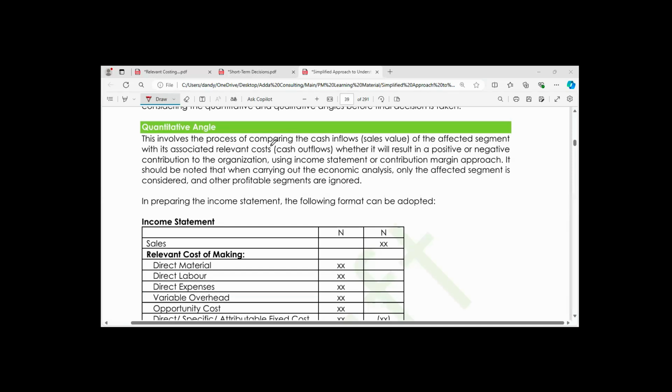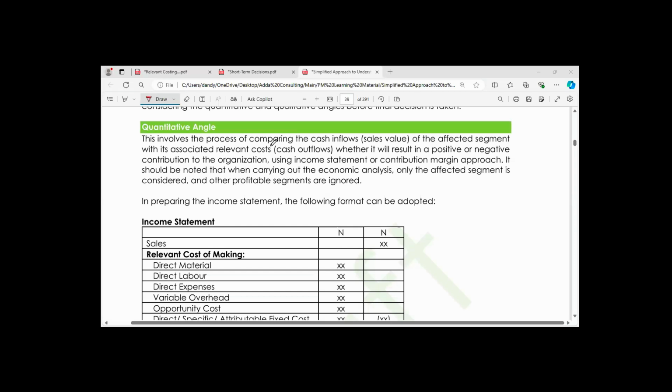So under deleting of a segment, the most important thing you need to do is to compare the revenue of the affected segment with the associated relevant costs, to see whether it will result in a positive or negative contribution to the organization, using the income statement.